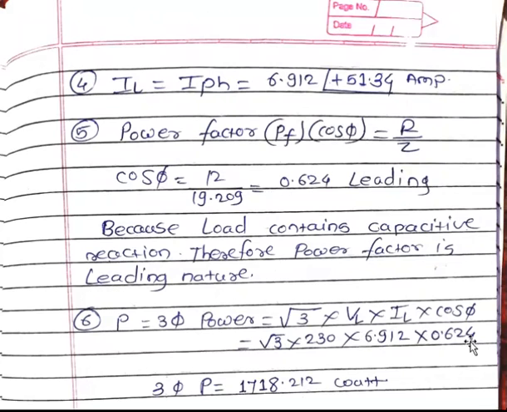IL is given here, cos phi is given here. Now the answer of this calculation is equal to 1718.212 watt. The answer of active power, three-phase active power, is equal to 1718.212 watt. Now the example is completed.